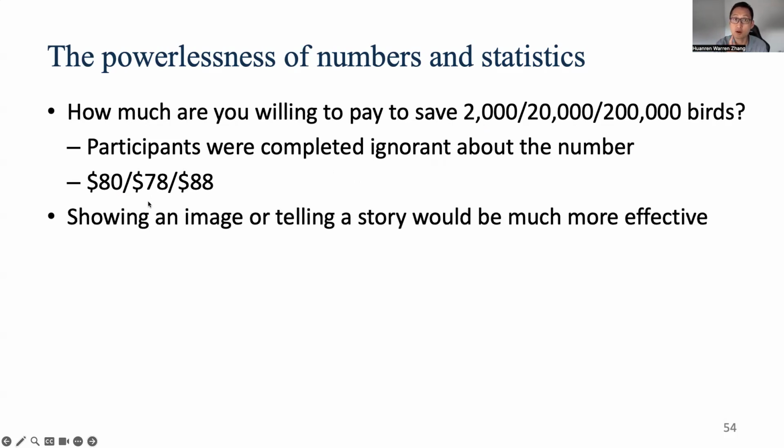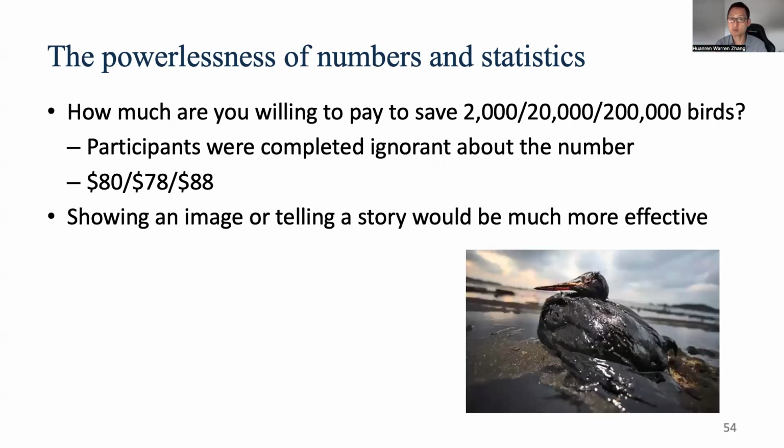However, if you are able to show an image or tell a story, it would be much more effective. So if you are able to show one image like this, right, instead of showing the numbers, you can just simply ignore the numbers. But I would suggest that having some statistics would make your information much more trustworthy.